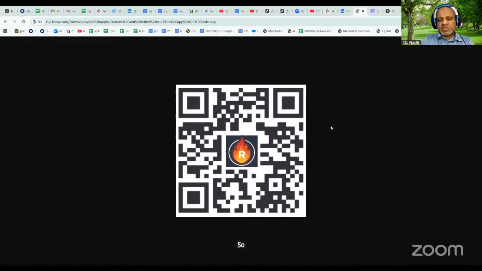So this app, if you use this QR code, it will first assess your baseline knowledge about the steps, the roles, the basics of the drills, and why we need to be ready.